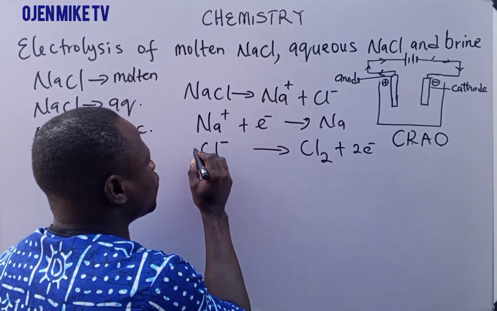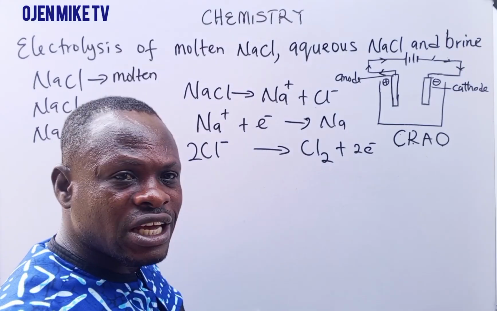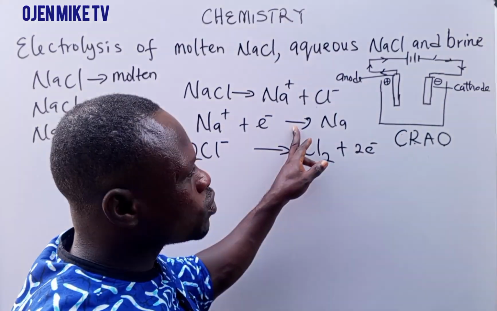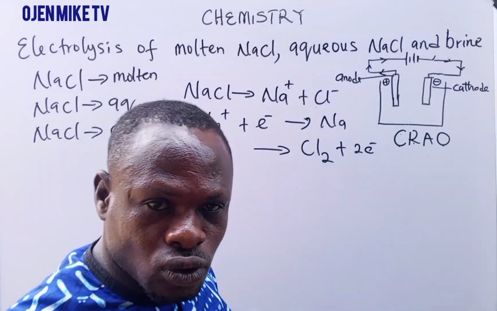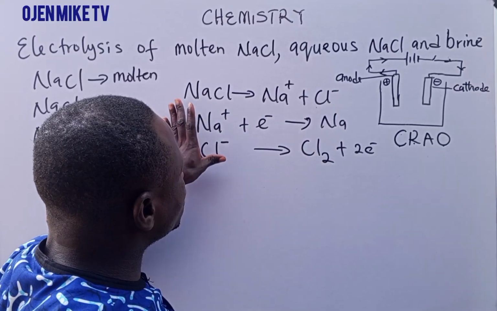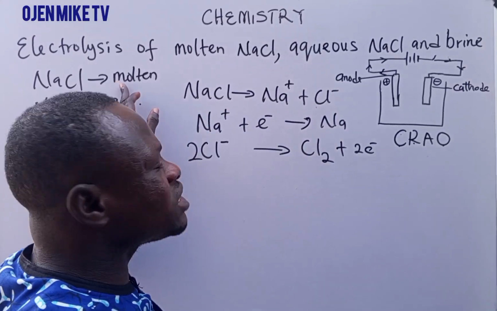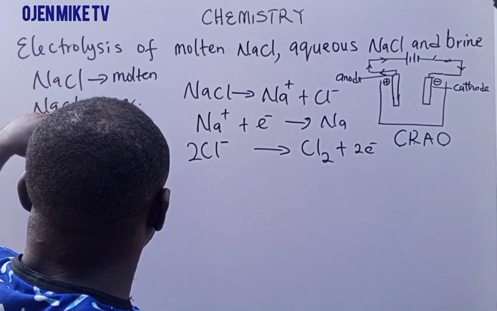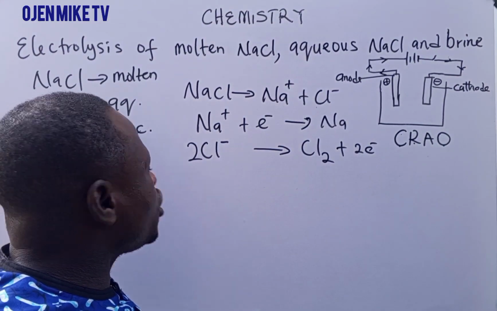This is the equation that happened at the anode, and the other is the equation that happened at the cathode. Do you understand? This is the electrolysis of molten sodium chloride.